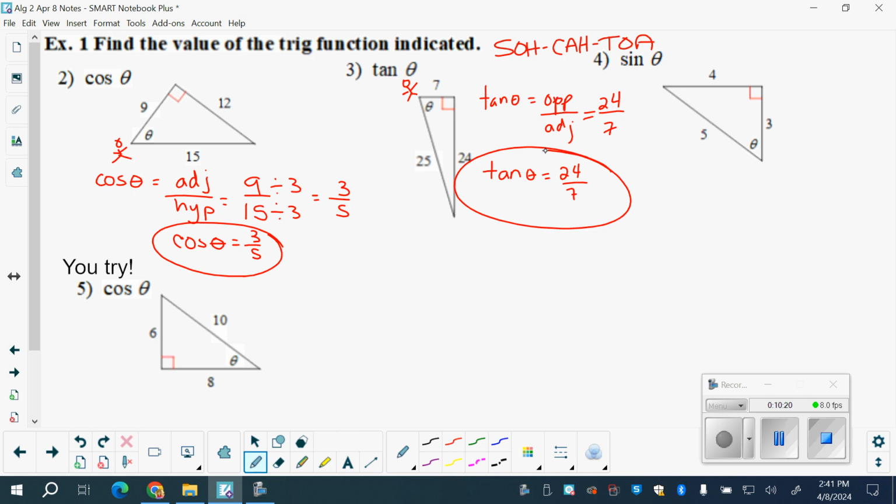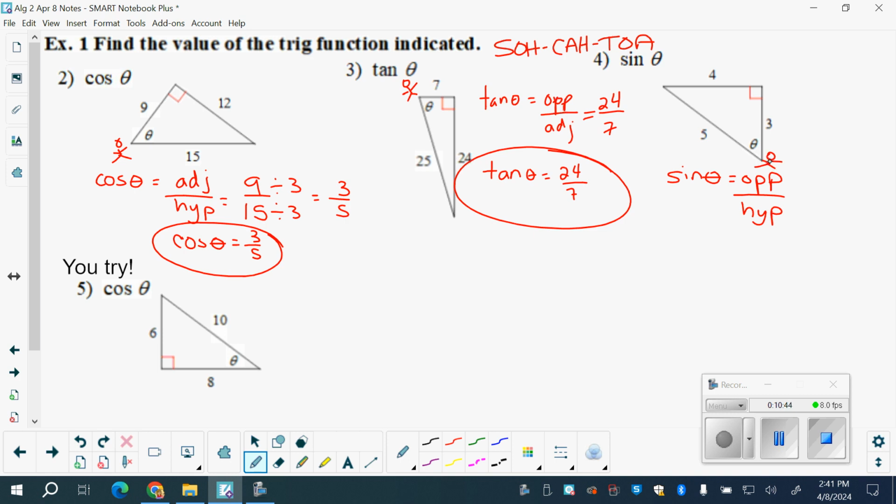Okay, and then the next one, number 4, sine theta. What would be the ratio? What would be the ratio for sine theta according to this up here? What over what? Yes. So sine theta is opposite over hypotenuse.